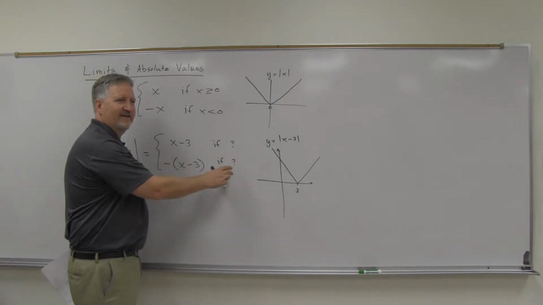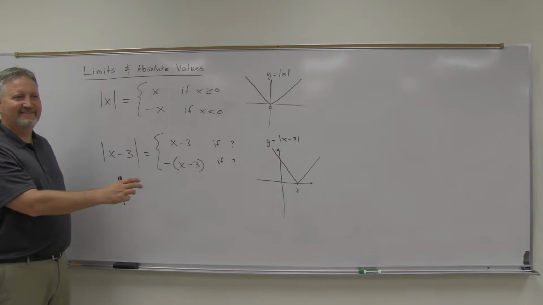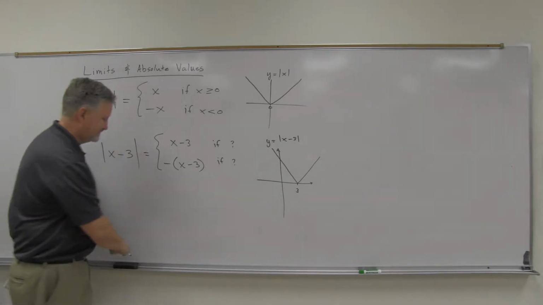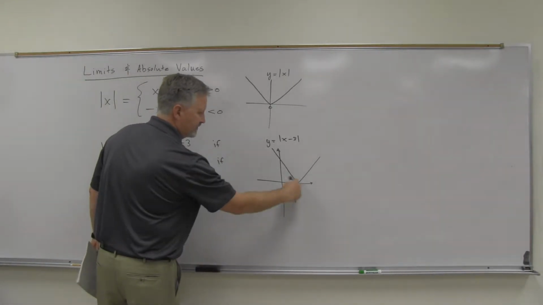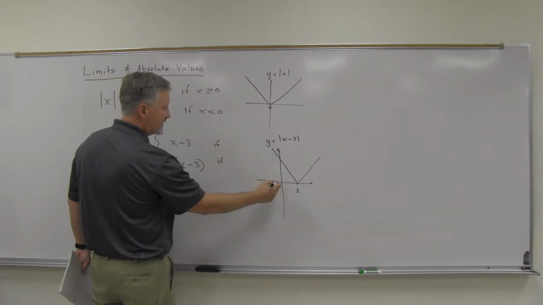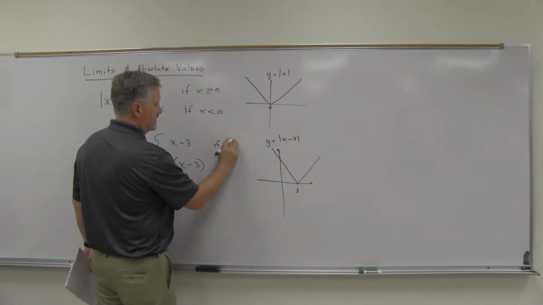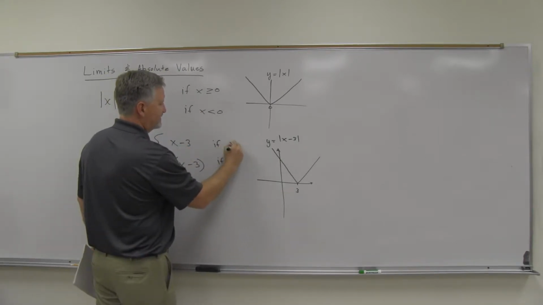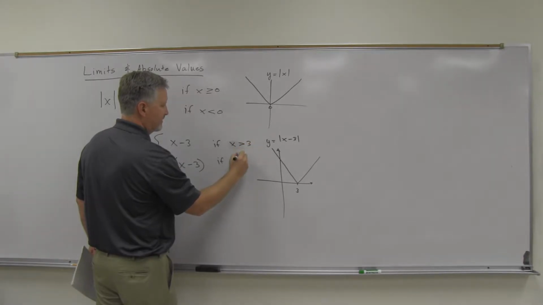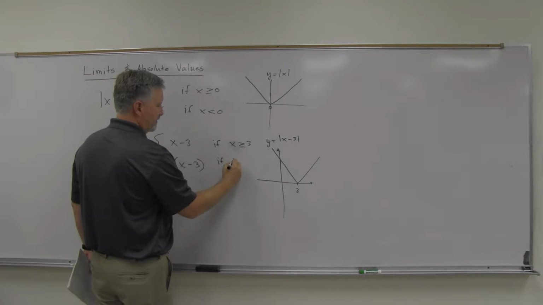So guess where I break up the absolute value here, the piecewise, at 3, yeah. It's wherever the V happens, whether it's 3, -3, 5. So it's x minus 3 if x is greater than or equal to 3. You put the equal to part on either one, it doesn't matter.